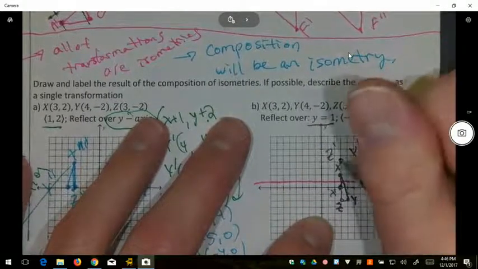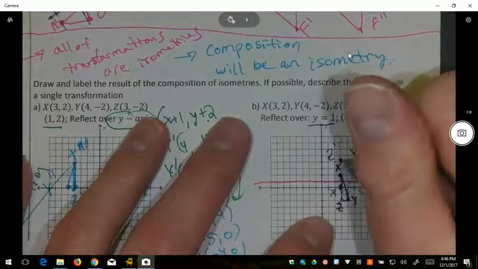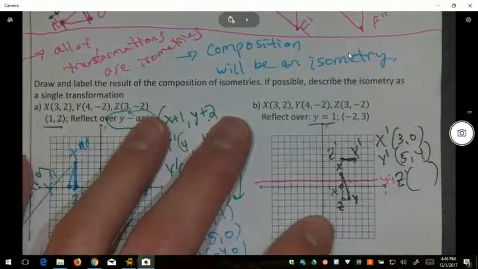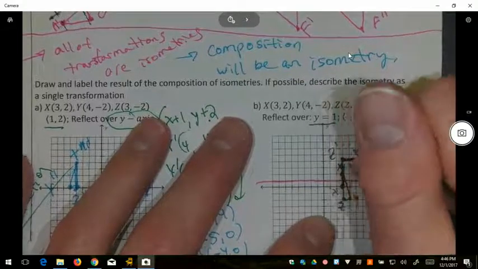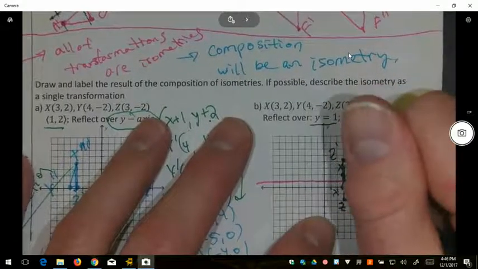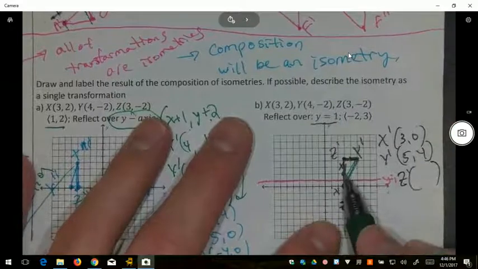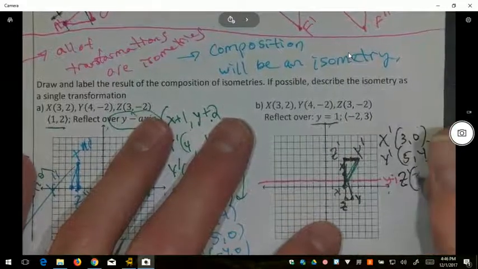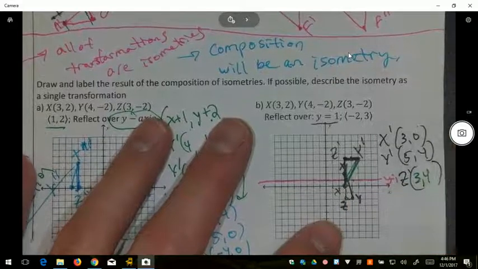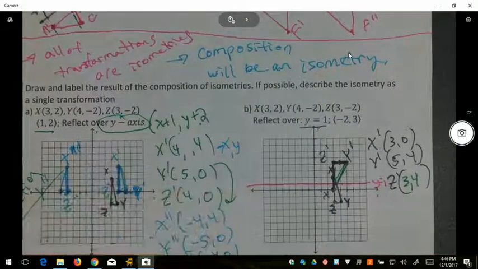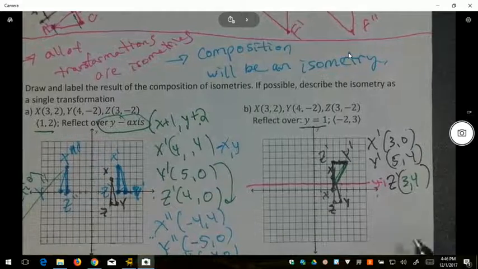Z prime turns out to be right here, so I'll draw this new one in green because it's a little hard to see. We're going to overlap a little bit. Z prime is at 3, 4. So there is our image after the first transformation.